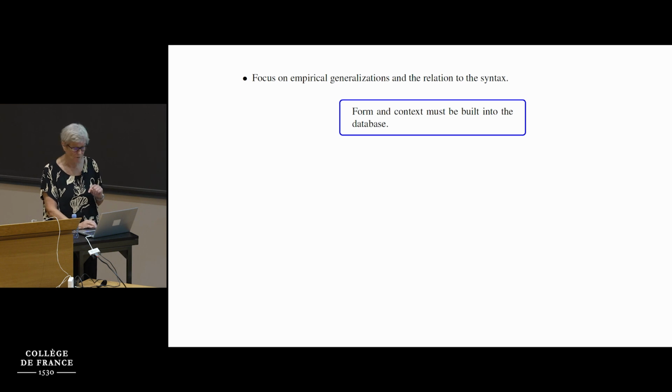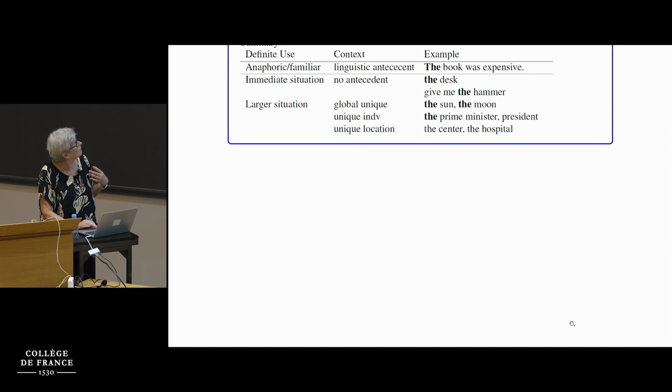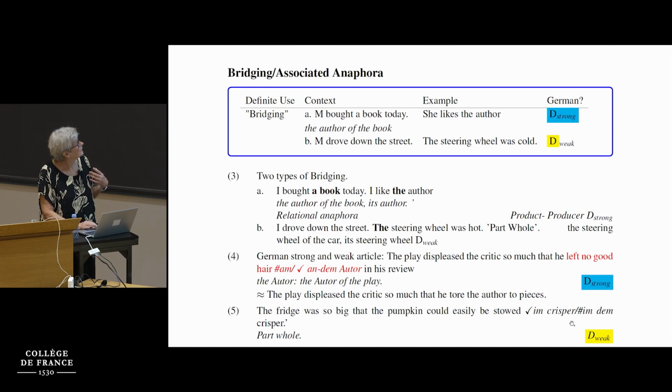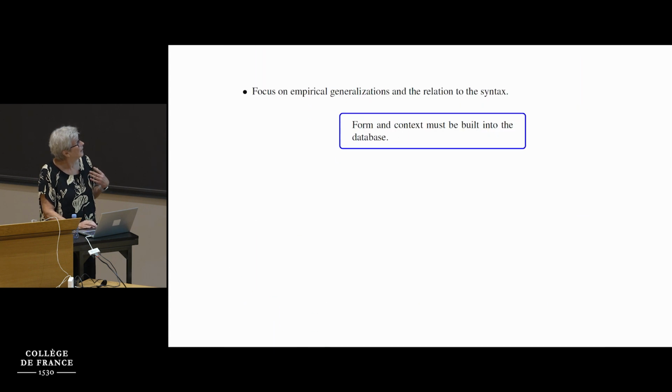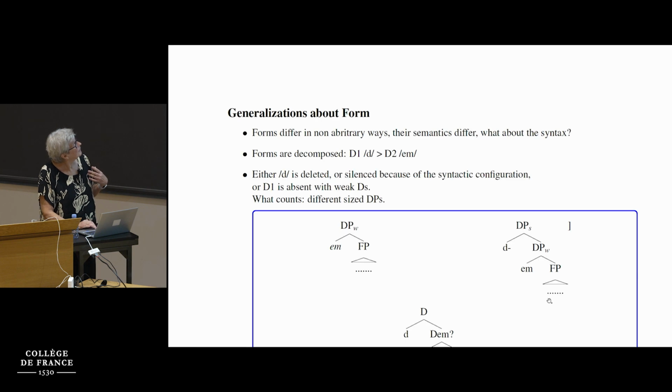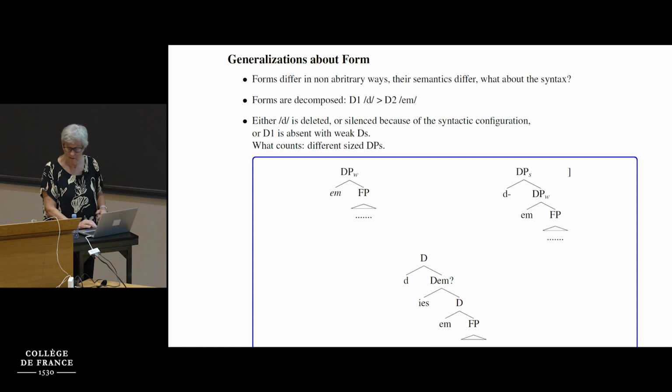Okay, so we must refer to the notion of form and not necessarily to the notion of what an article is. So that's the summary, and then generalizations about the form.